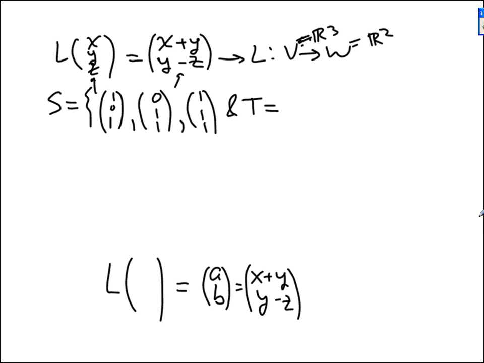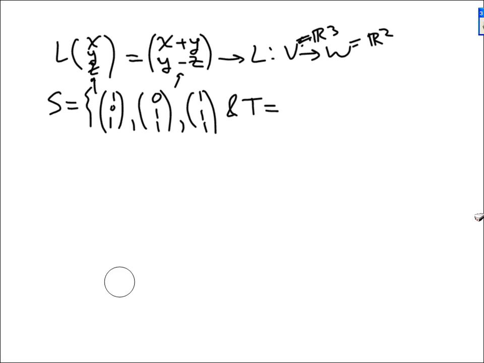If I let y be 0, then x should be a, y I said is 0, and negative z should be b, so z should be negative b. L of that will give us a, b. So it is onto. I didn't mean to get into that big time, but I did.